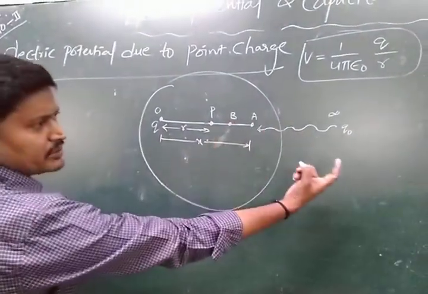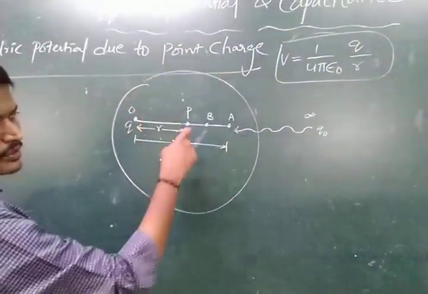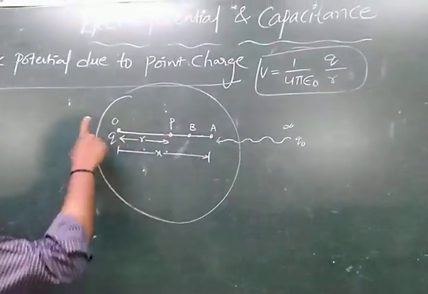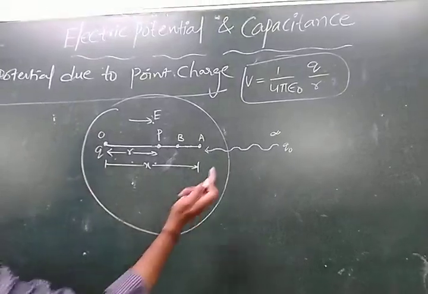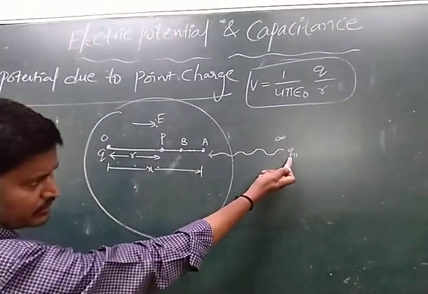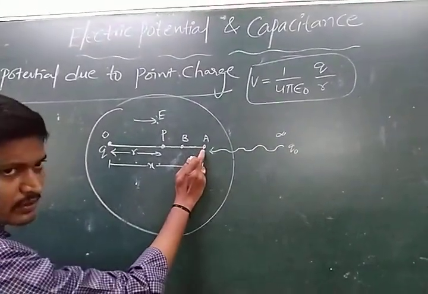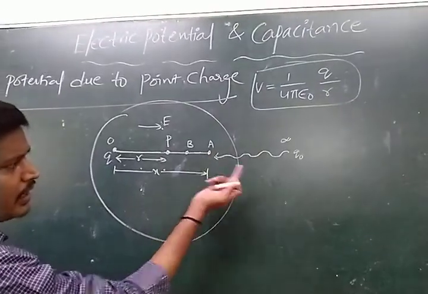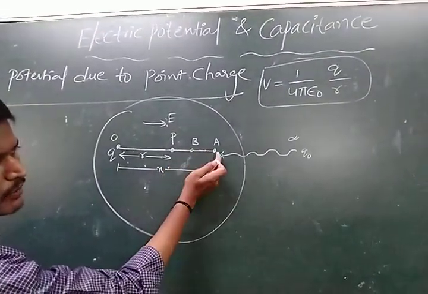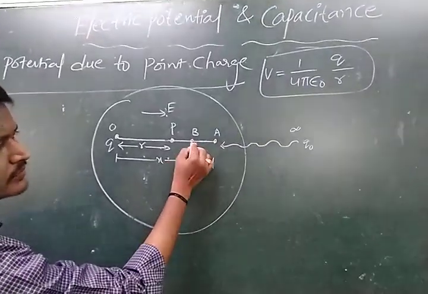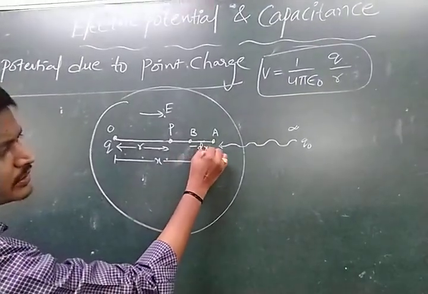Now potential means the work done to bring a test charge from infinity to a point against the field direction. So initially we bring a test charge from infinity to point A. Later we shift this test charge from point A to point B, a small distance dx.